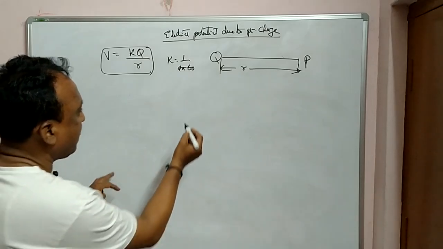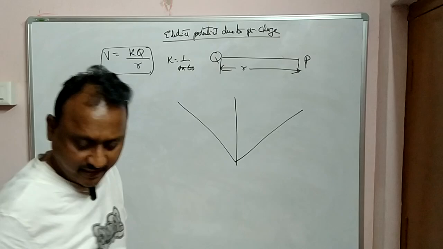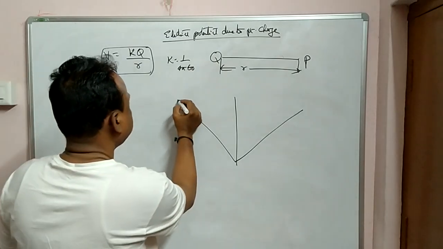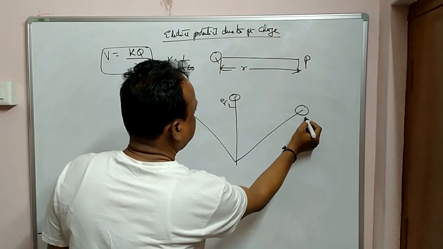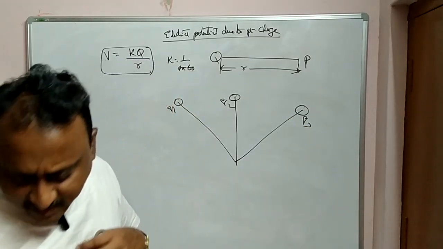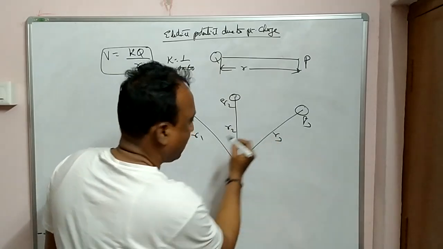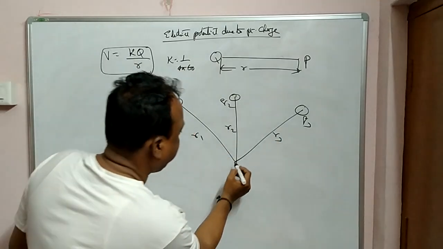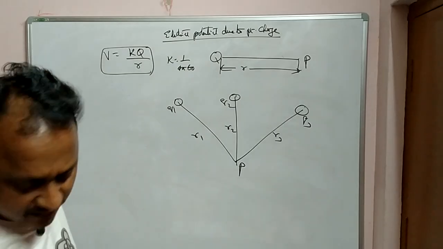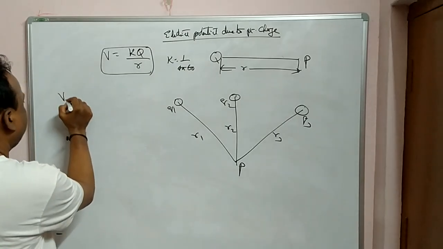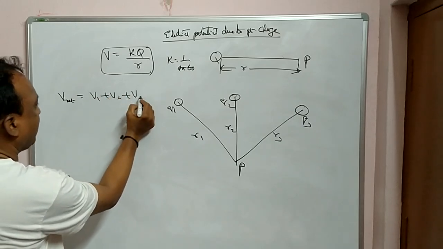Now suppose number of charges are given, a system of charges, for example Q1, Q2 and Q3, at distances R1, R2, R3. Now at a point P, how to get the resultant? The resultant is nothing but V net. V net potential is nothing but V1 plus V2 plus V3.